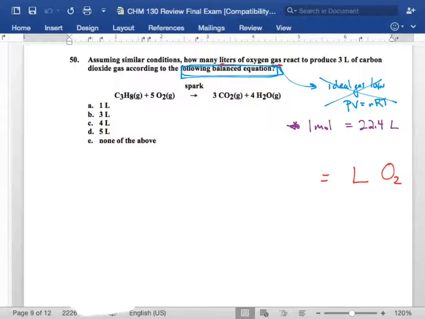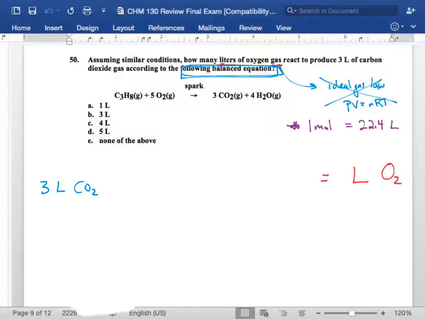So now what can we do? What are we starting with? 3 liters of carbon dioxide. So cool. The measurement unit, liters, is the same, but the substance is different. So I would need to set up a conversion.